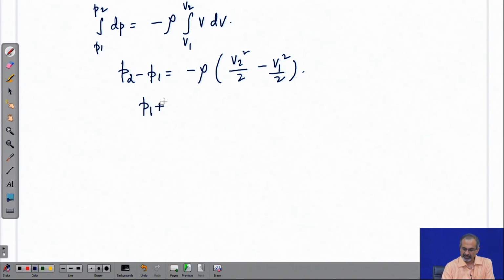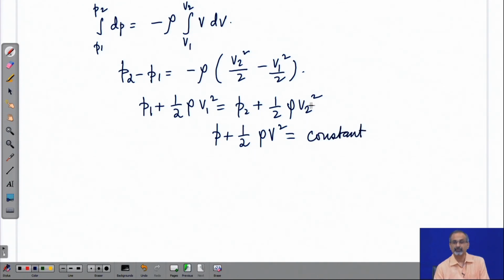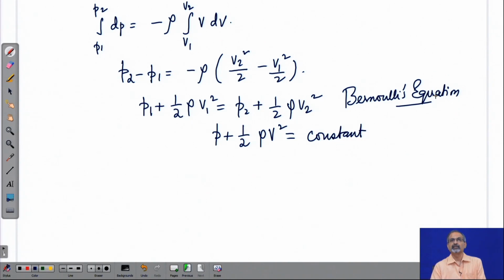You rearrange and you get, so it is telling you that p plus half rho V square is a constant in the flow field. This is the Bernoulli's equation for a constant density medium, and we can show that this p plus half rho V square is a constant along a streamline of the flow.